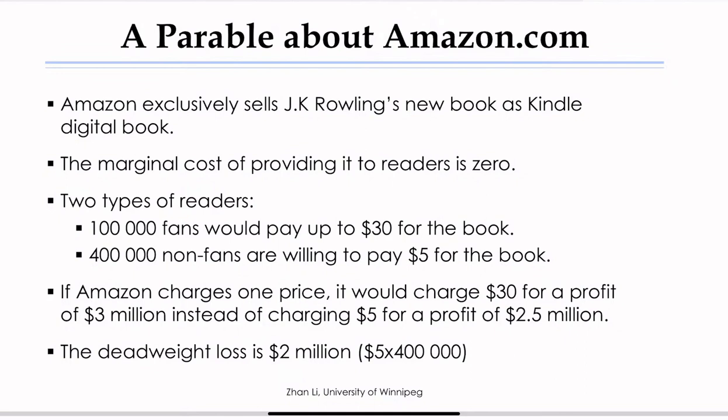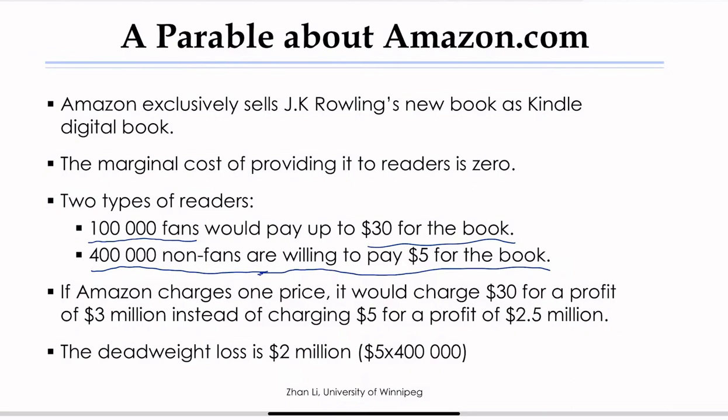And we also assume there are two kinds of readers. The first type are fans. So 100,000 fans would be happy to pay up to $30 for the book. And then we have the other type of people, right? These 400,000 non-fans, their willingness to pay for this book is only $5.